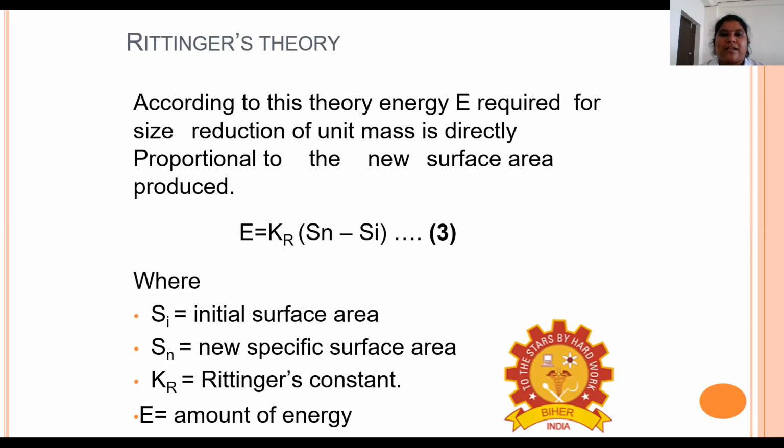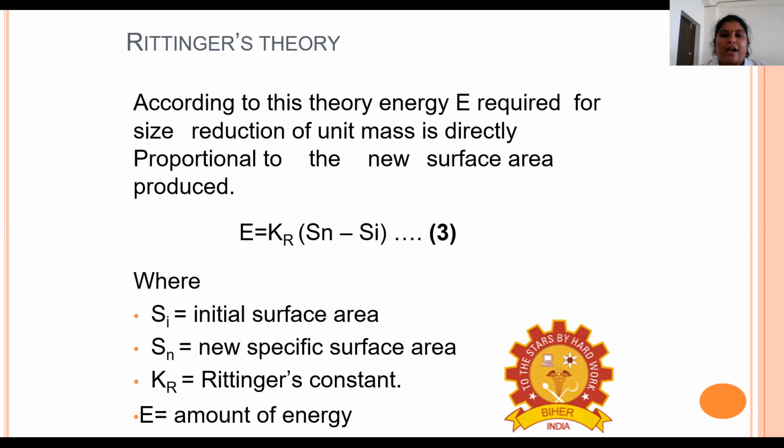According to this theory, the energy required for size reduction of a particle of unit mass is directly proportional to the new surface area produced. That means the more energy we give, the more new surface area will be produced. E is equal to Kr into Sn minus Si.